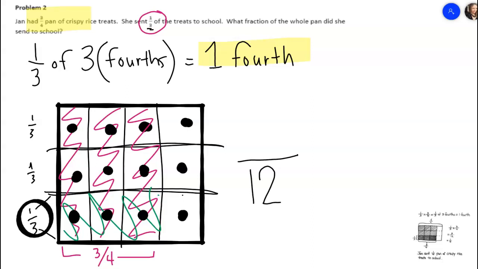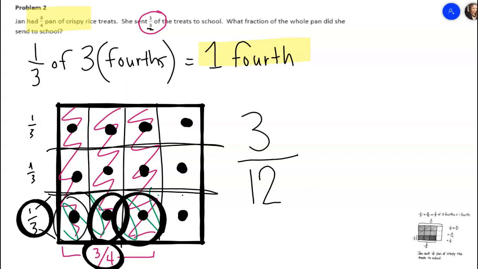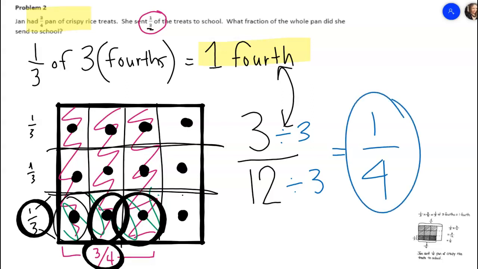What is the 1/3 of the 3/4? Well, that's 1, 2, and 3. It's the ones that are double shaded. So that's 3/12. Now again, at first you might not think that they match, but if you know that 3 is divisible by 3 and 12 is divisible by 3, you'll have a new fraction of 1/4 and you'll get a match.